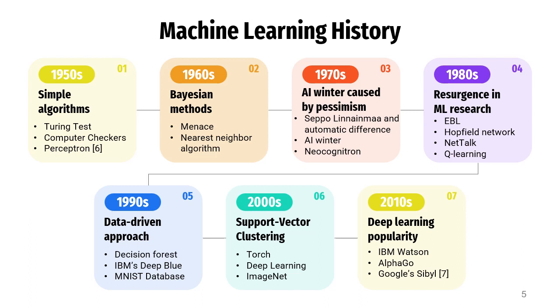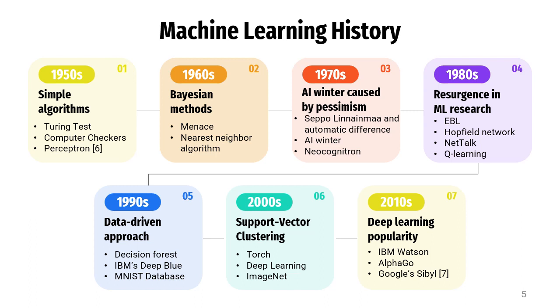In the early 2000s and 2010s, machine learning became increasingly popular, fueled by the availability of large datasets and advances in computing power. Researchers developed new algorithms such as deep learning, which involved training neural networks with multiple layers to recognize complex patterns in data.